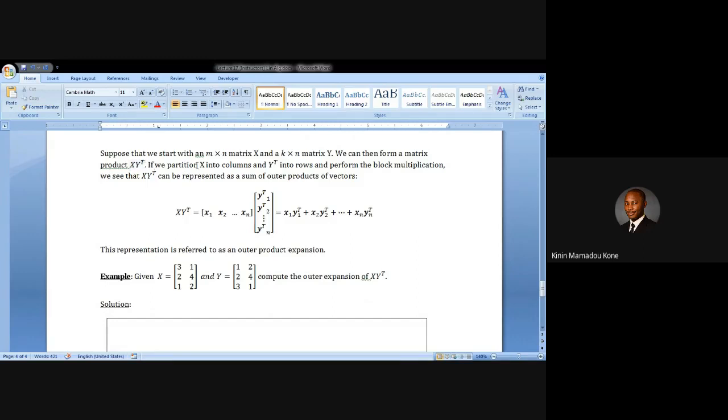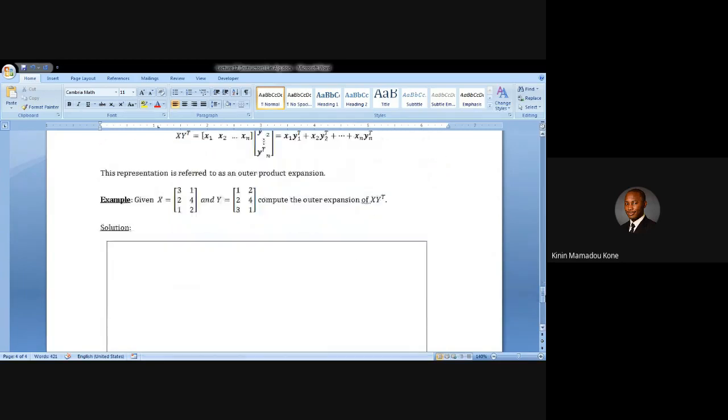If we partition X into columns and Y into rows and perform the block multiplication, we see that X times Y transpose can be represented as a sum of outer products of vectors. So you have this times this equal to this one and that one, and we have the sum of the outer products of vectors.